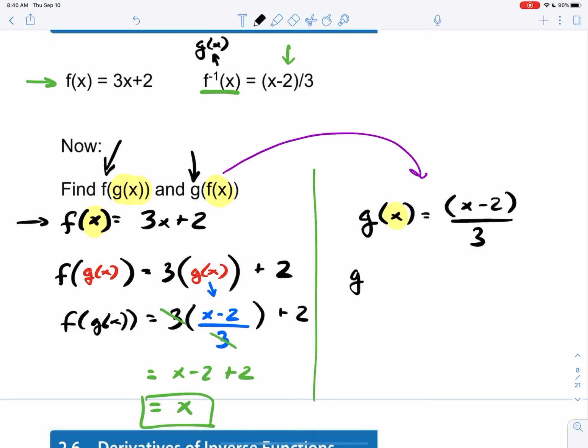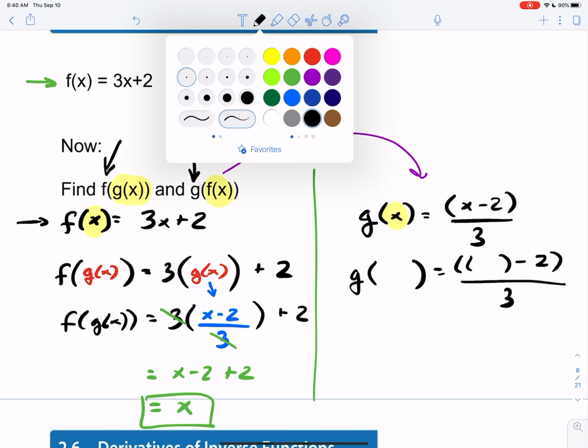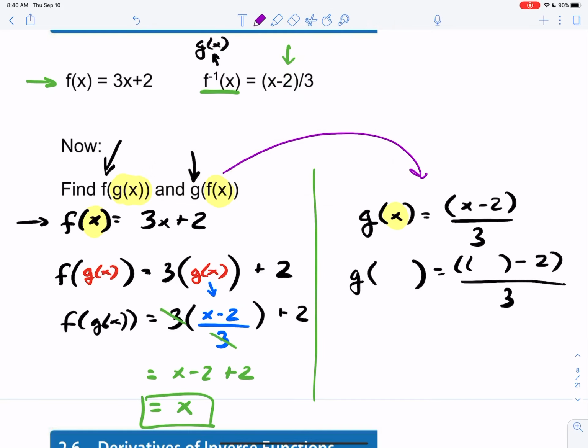So that's g of f of x equals f of x minus 2 all over 3. And I'll color code this to help you guys out. This is just f of x and f of x.